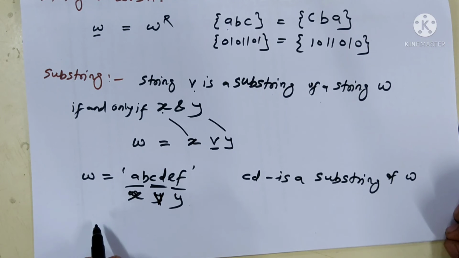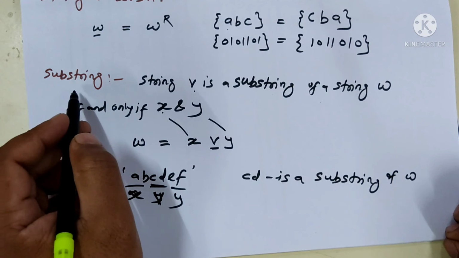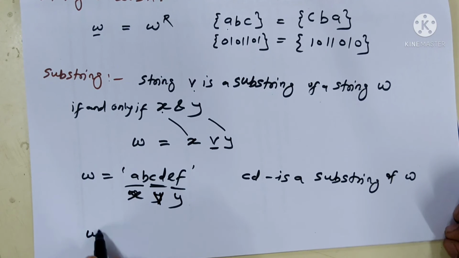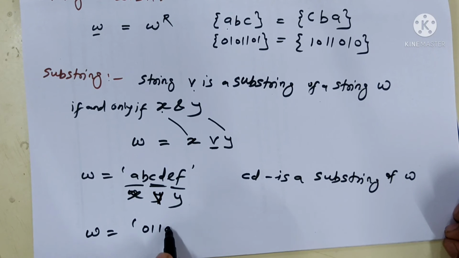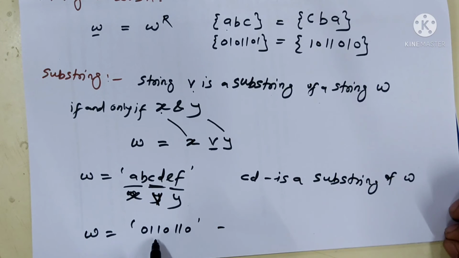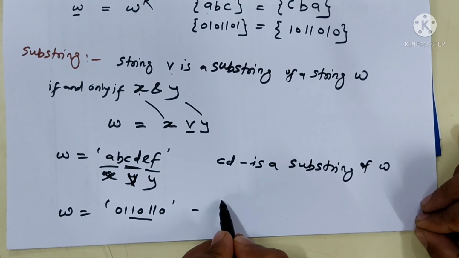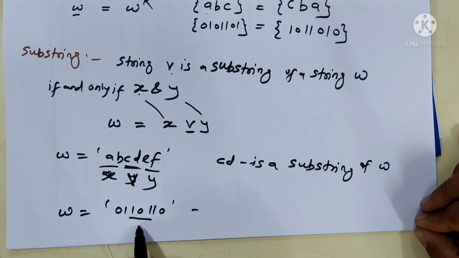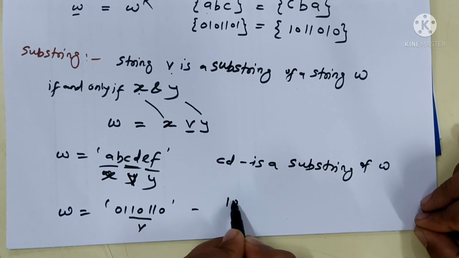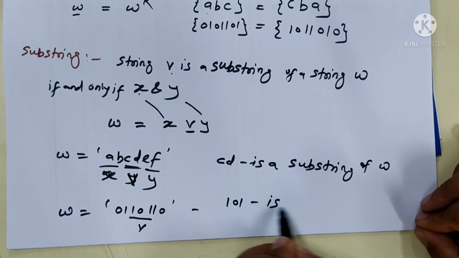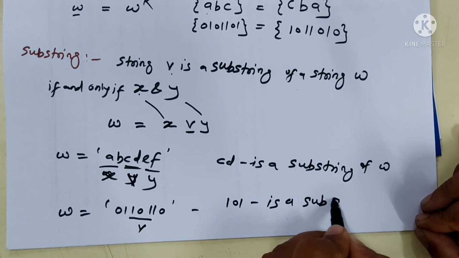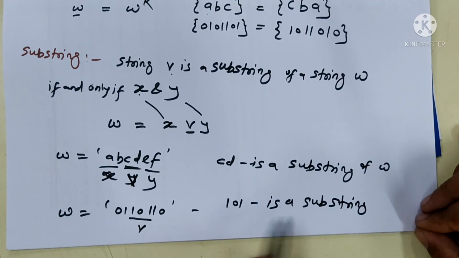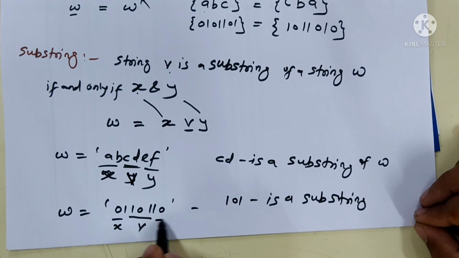So here we see that any substring is denoted like that. Now the next example: suppose 01010110. In that string, suppose we get 10101 as a substring, and this is x and this is y.